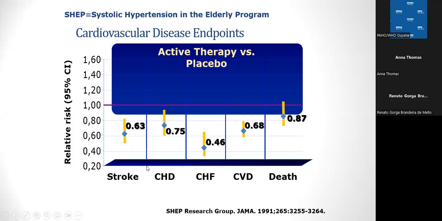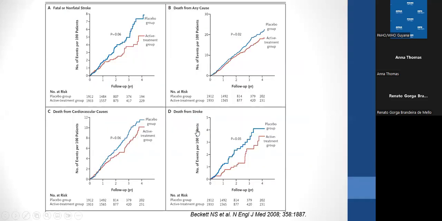I'm sorry, cardiovascular diseases. Yes, that's it. And after that, several other studies kept showing the same pattern of results.